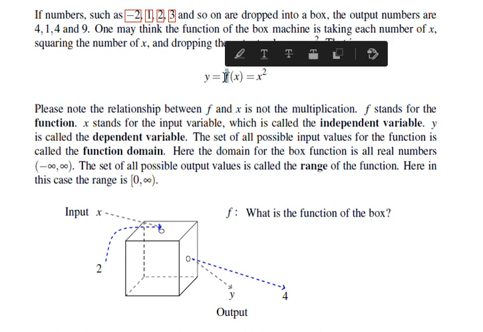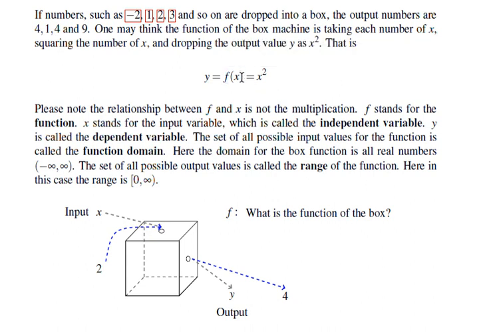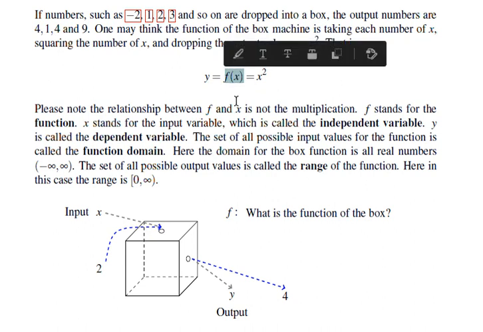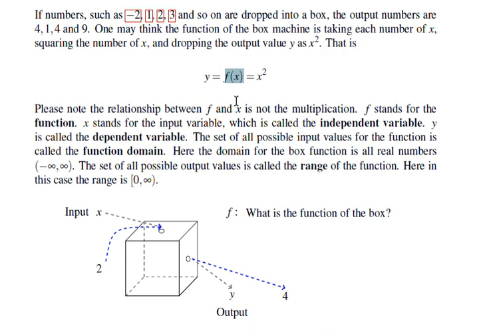And we use this one, f of x, which stands for the function. We choose f because it is the first letter of the word function. And between f and x is not multiplication. It is the function when your input value is x.